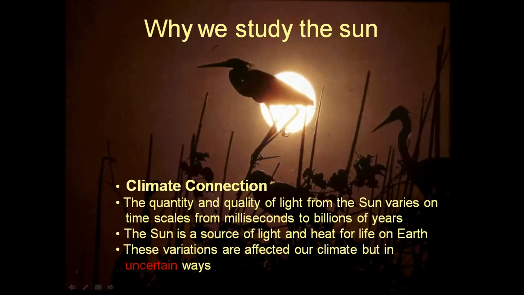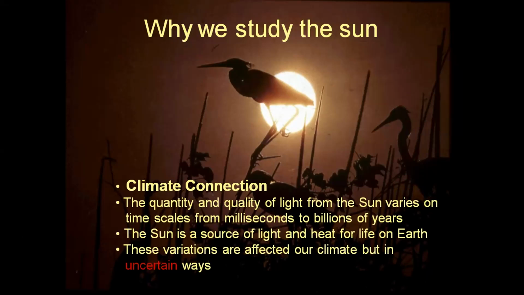The quantity and the quality of the light from the sun vary on time scales from milliseconds to billions of years. We learned in the early lecture also that the sun took a long time to come to its present condition.